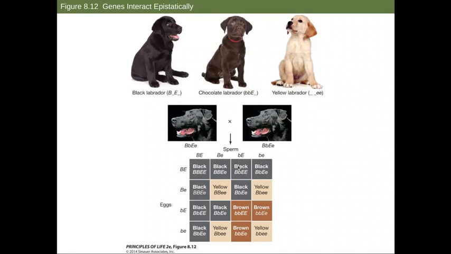So we can see how these will pair together and give rise to the different ones. Again, we can take two black labs, and when we breed them, we end up with this mix right here. So this is one of the classic examples of epistasis. It's taught all the way from the introduction of genetics in like 8th grade science, used all the way up through college. It's a model system, similar to what we talked about with Mendel's pea plants in his courtyard.